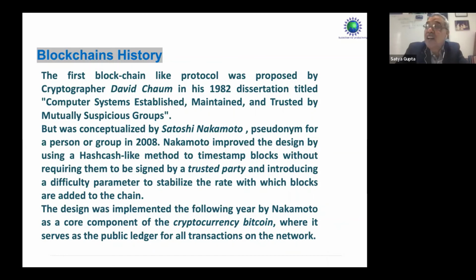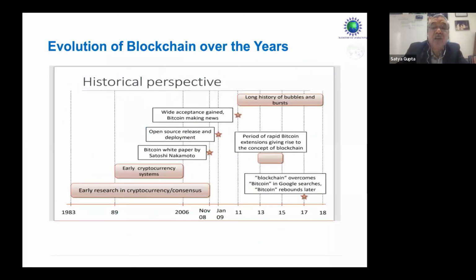So infrastructure is being created, and earlier everything was happening on the finance side, the currency side. After 2008, a lot of work has happened. The idea from 1983 that the other professor mentioned did not click, but it clicked in 2008 with Bitcoin.